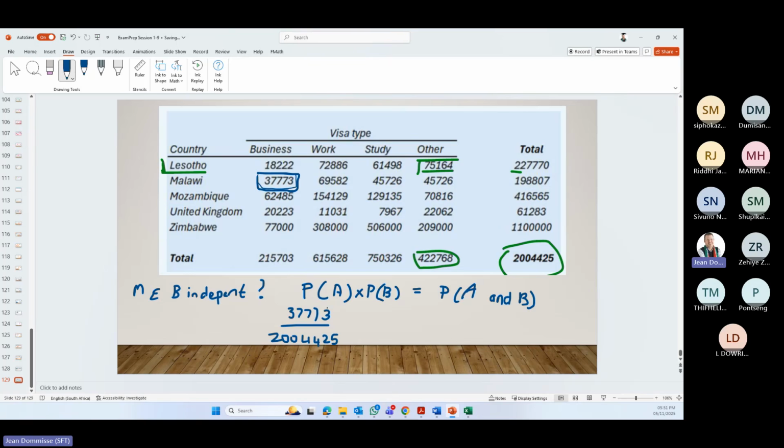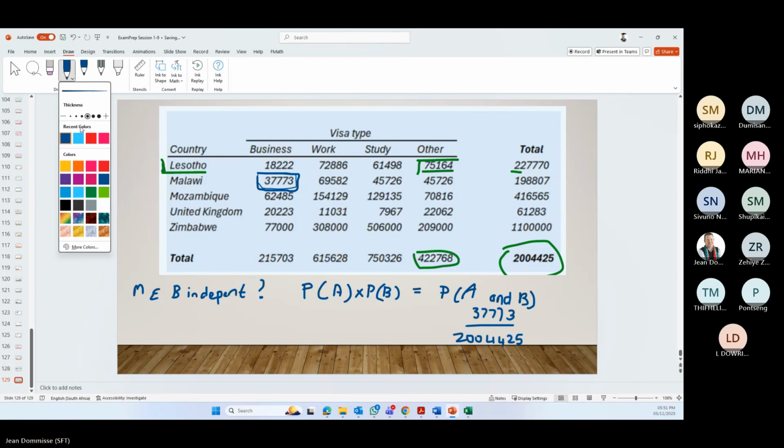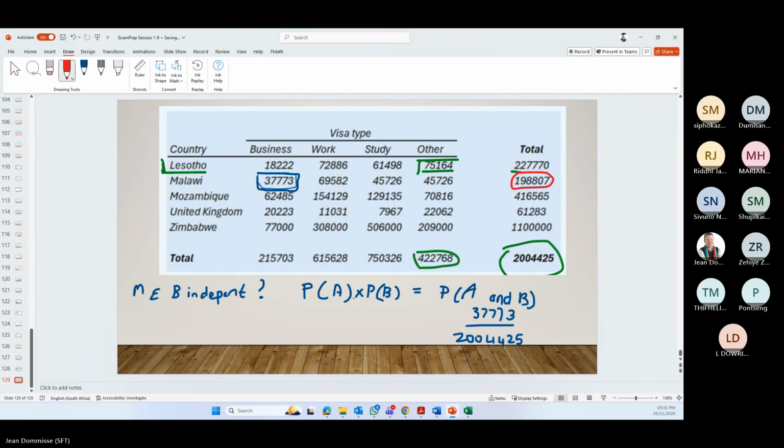So what I now actually have written down is the probability of Malawi and business. The probability of Malawi is 198,807 divided by that total. And it shows you how quickly one can make this.